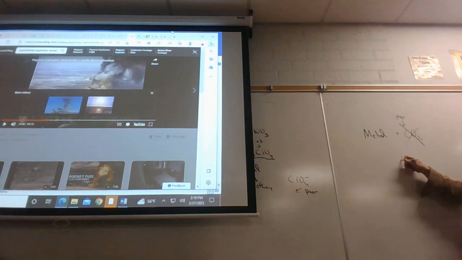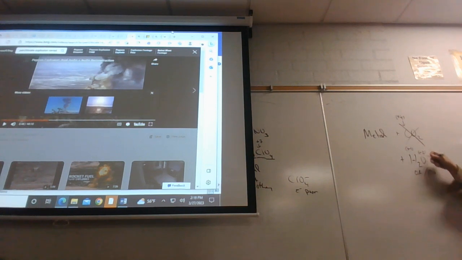Don't use water on metal fires either, because is water electron rich or electron poor? It's not either, but it can be both. It's not a great oxidizer. The hydrogens are +1, but they're happy at +1. And it could be a reducer, the oxygen's a -2.